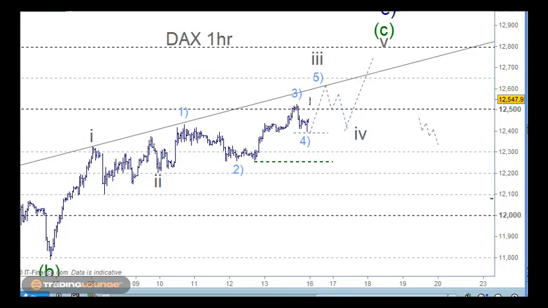Yes, we could get this as a top in here. Maybe I've counted it wrong in here, and that wouldn't surprise me, but we'd still need to see 5 waves down, 1, 2, 3, 4, 5. And even when we get that, we're not going to miss much, because we're still going to get the retest back up here, and we'll go in from that side if that's the case.